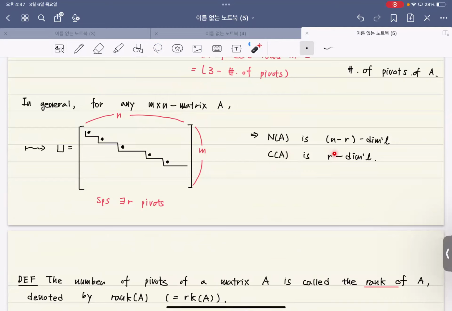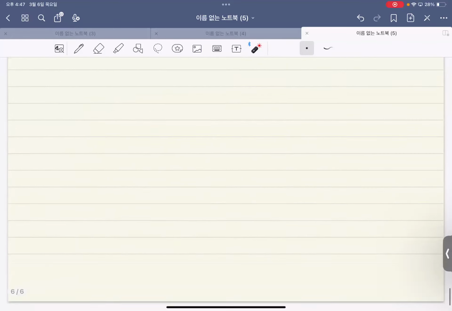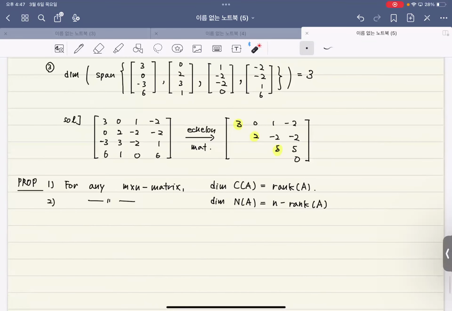So this is r-dimensional. And the null space of A is n minus r dimensional. So I'm just repeating the result: the column space is a rank A dimensional space, and the null space is an n minus rank A dimensional subspace.